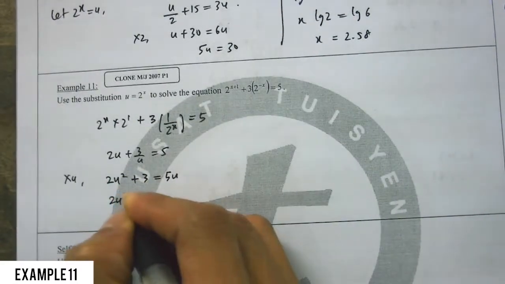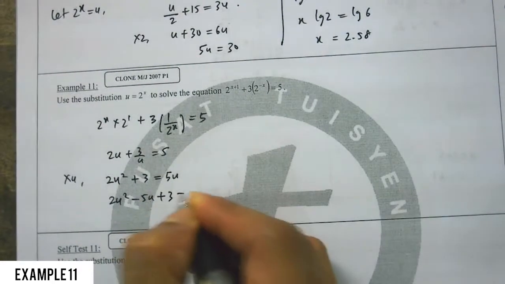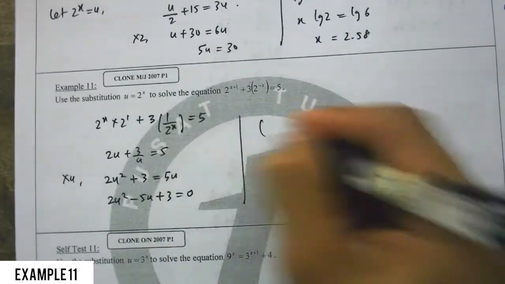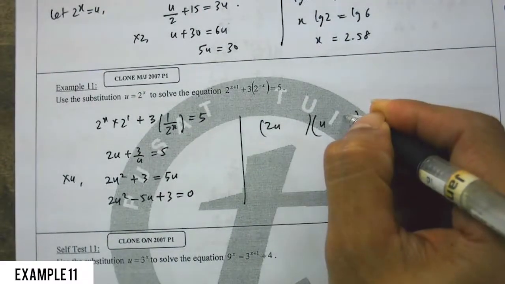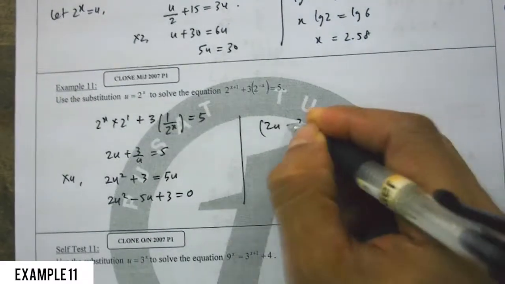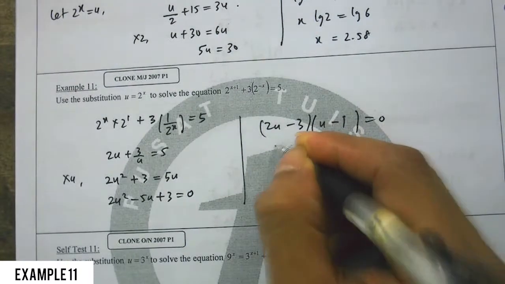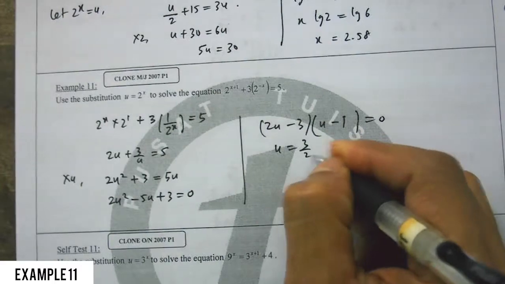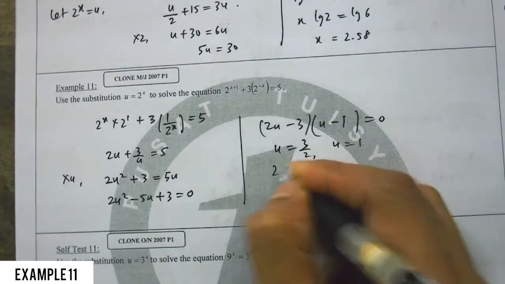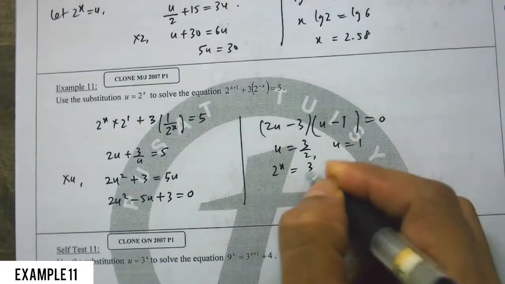Bring over, 2u squared minus 5u plus 3 equals 0. Let us double bracket factorize. I use 3 and 1, minus and minus. So am I right? 2 and 3 is 5. So u is 3 over 2, u is 1. So you replace this back.